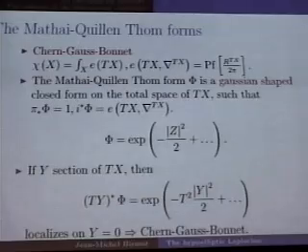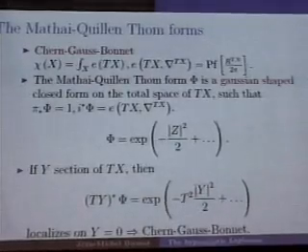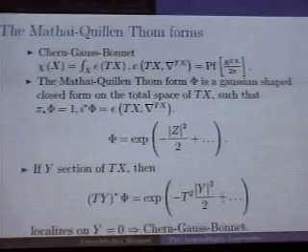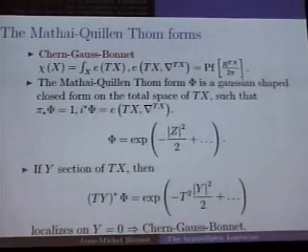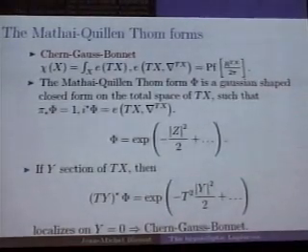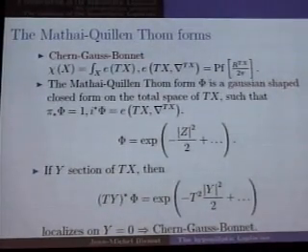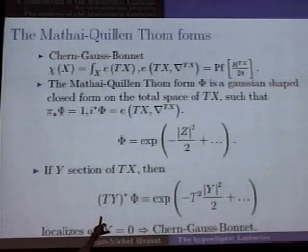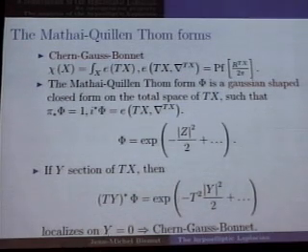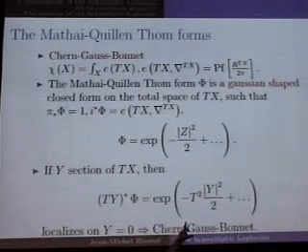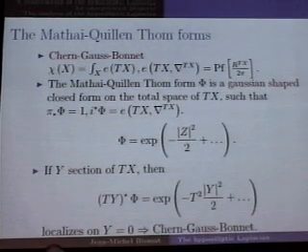Now, the use of this Thom form is that it allows you to prove, for instance, something like the Hopf index theorem, which relates the Euler characteristic of a manifold to the index of the zeros of certain sections. So if you have a section Y of the vector bundle, say TX, you can pull back the form on the total space of the vector bundle by the section. This way, you get a form on the original manifold X, which looks like exponential of minus t squared Y squared over 2.